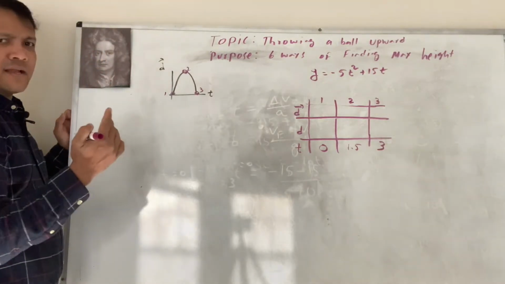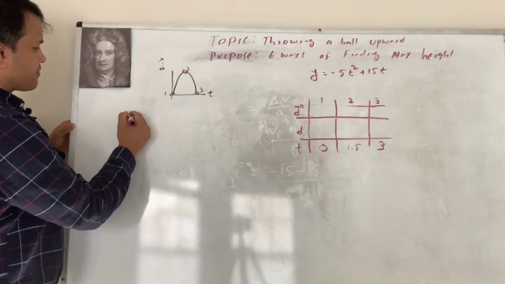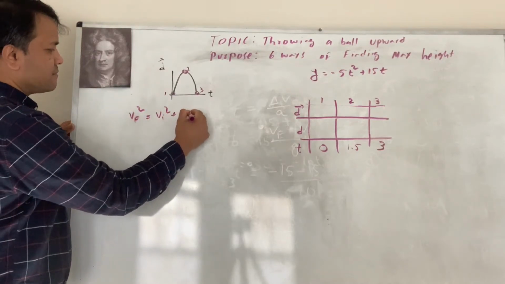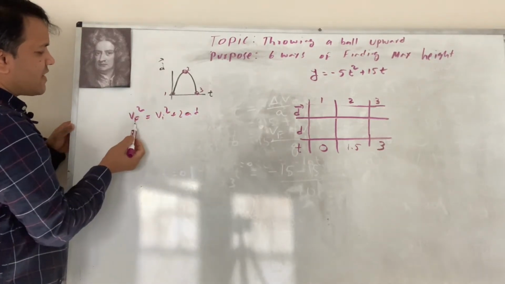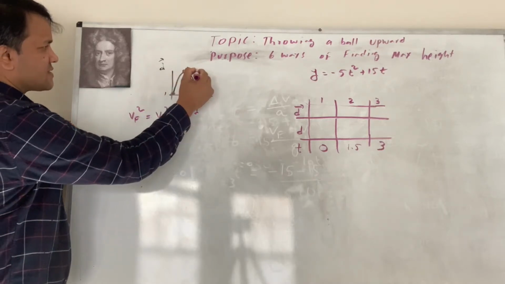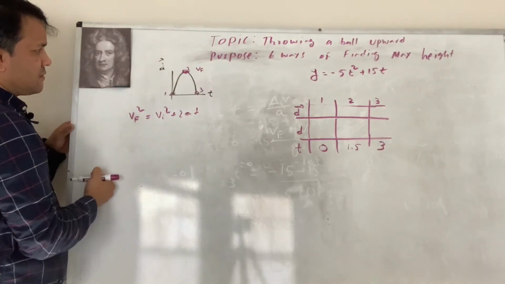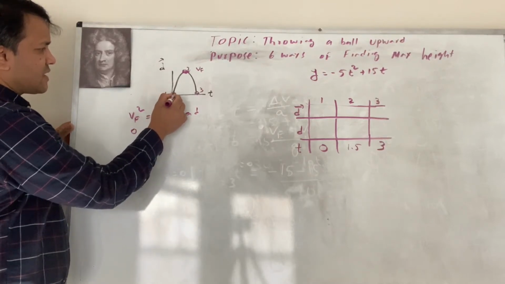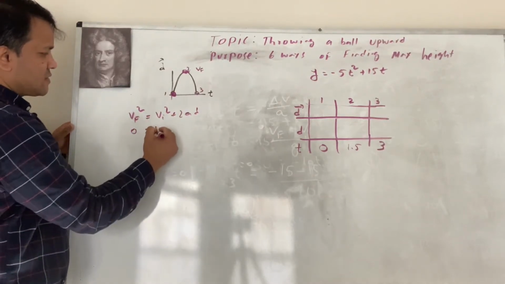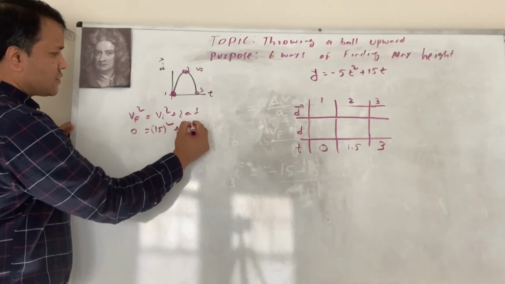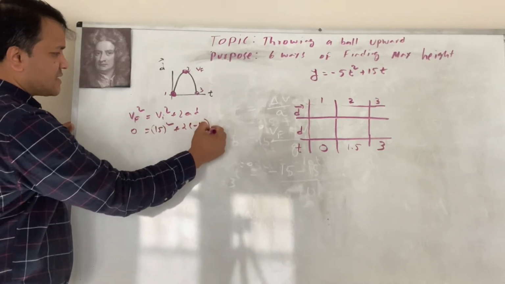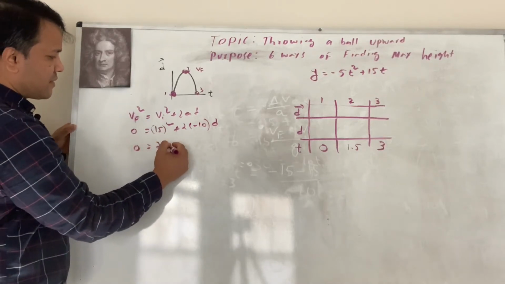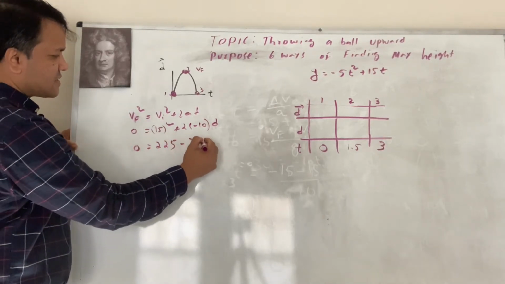Okay, let's do the first way. Vf squared is Vi squared plus 2AD. I'm going to let Vf squared be 0 because here the velocity is 0. Vf is 0. So 0 is equal to Vi squared, and the initial velocity is 15, so 15 squared plus 2 times A, which is -10, times D. So 0 is equal to 225 minus 20D.